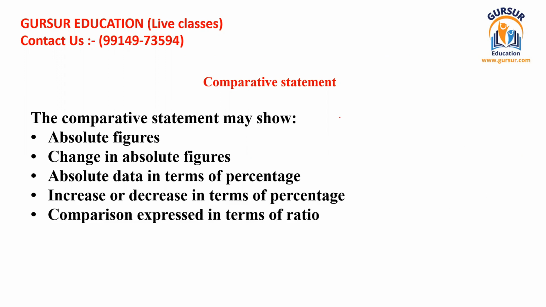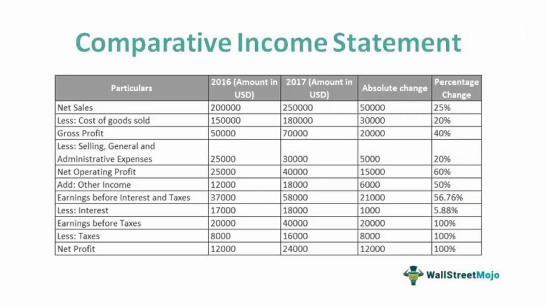So if we are making the differentiation between common size and comparative statement, in a common size statement, only the absolute figure and the absolute percentage is given, and no kind of change is considered for study. But in a comparative statement, the absolute change is also studied along with the percentage change.